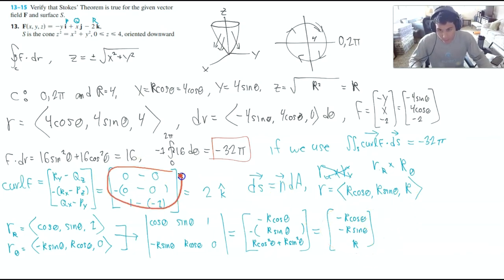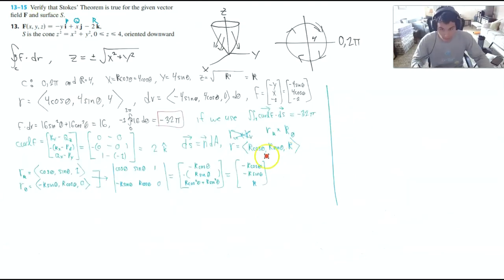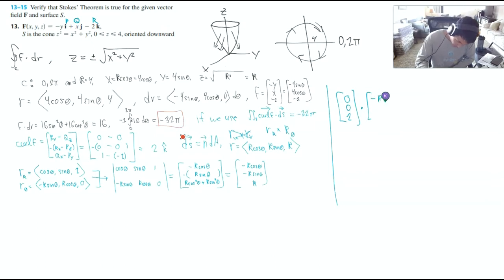So the curl times this. I need to make more space. Okay, now let me take the cross product of this guy with this. I mean the dot product. Not bad. So it's going to be 0, 0, 2 times negative R cosine theta, negative R sine theta, and big R. What you get is 2R.